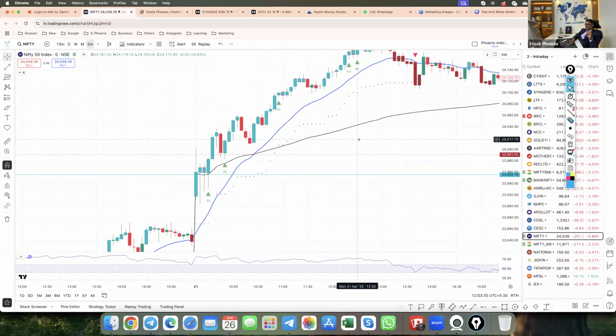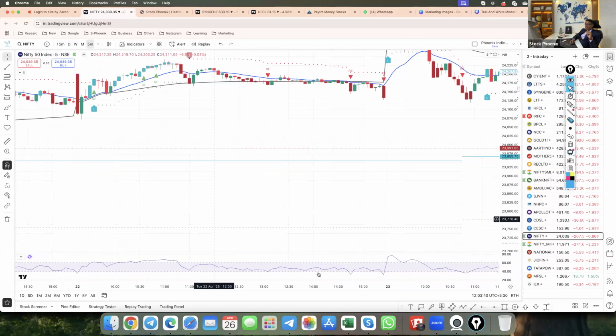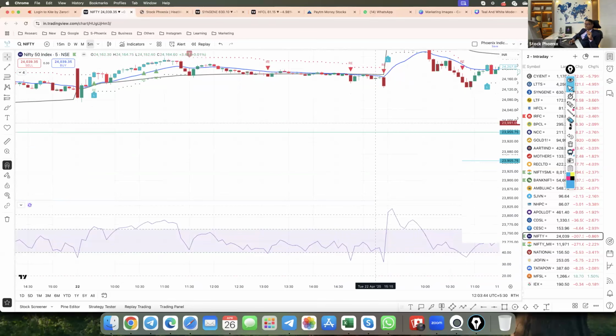Now, the second one, you have to add an indicator, which is RSI. I mark the zone of 60 and 40.